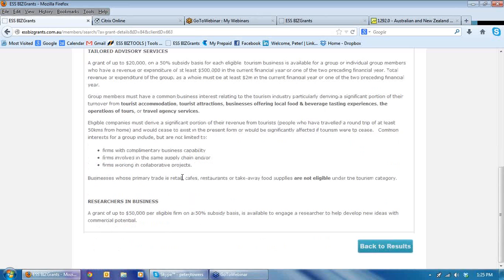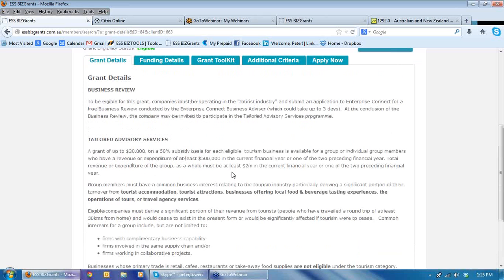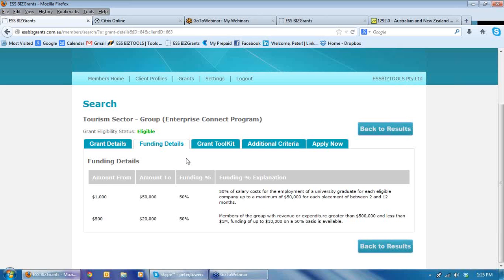Now, what can happen is that these businesses could get a grant. We'll have a look. They could get up to $20,000 each on a 50% basis. However, for the ones that have only got a turnover between $500,000 and $1 million, the grant they can get is only $10,000.